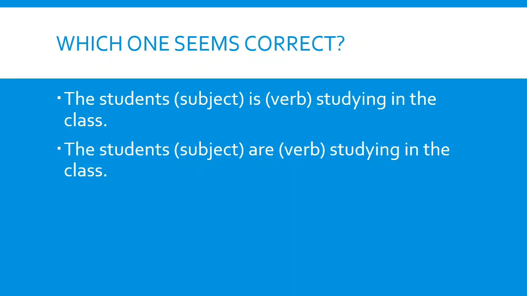I hope you have identified the correct sentence. And it is the students are studying in the class. Because we know the rule. The rule says a plural subject, a plural verb. Here you can see the subject students is plural. So obviously it will take a plural verb are.